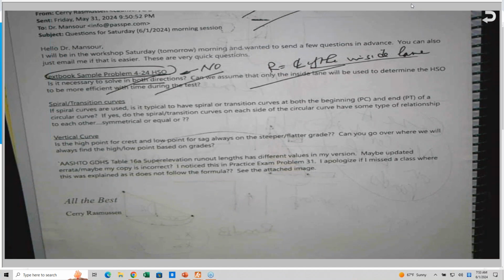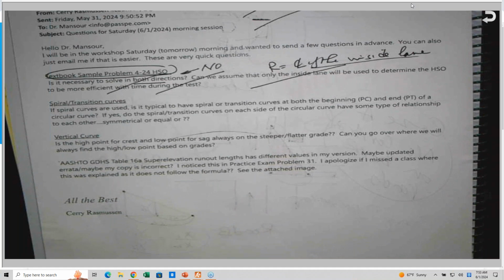He told me that there is a mechanistic-empirical design for the pavement in the AASHTO book, and he's telling me to compare it with the NCEES.